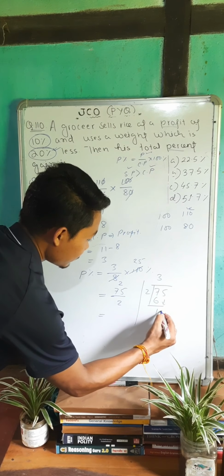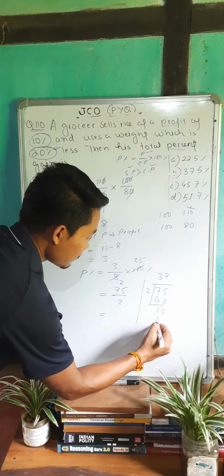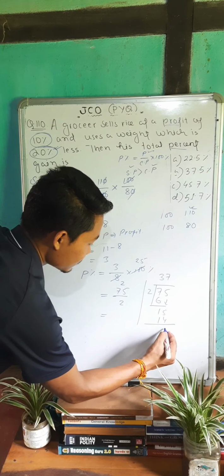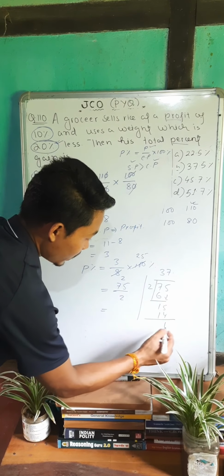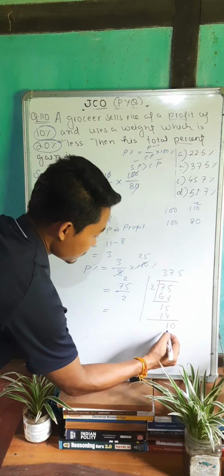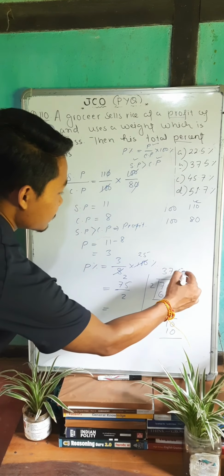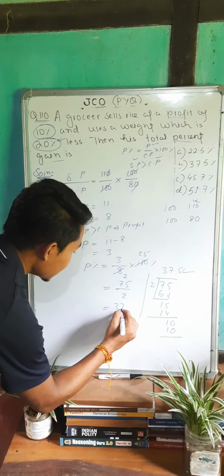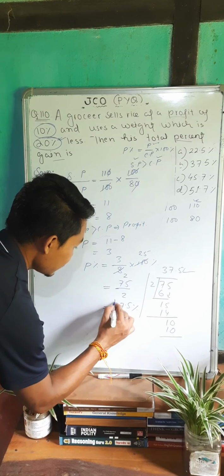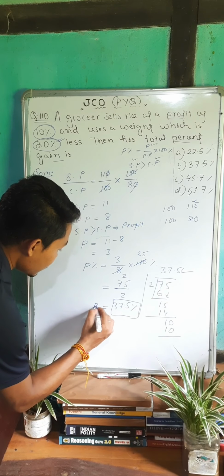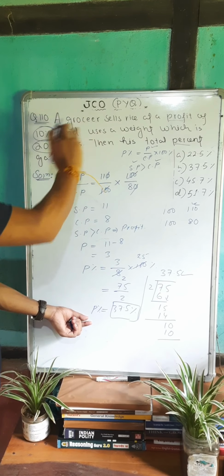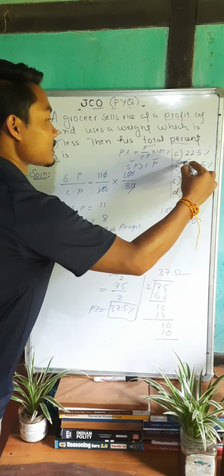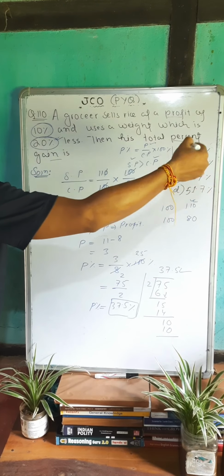Then we can bring 5. 2 7s are 14, remainder is 1. Now further we can divide by putting point 0. 2 5s are 10, which gives us 37.5% is the total profit percentage earned by the grocer. So our correct answer is option B, 37.5%.